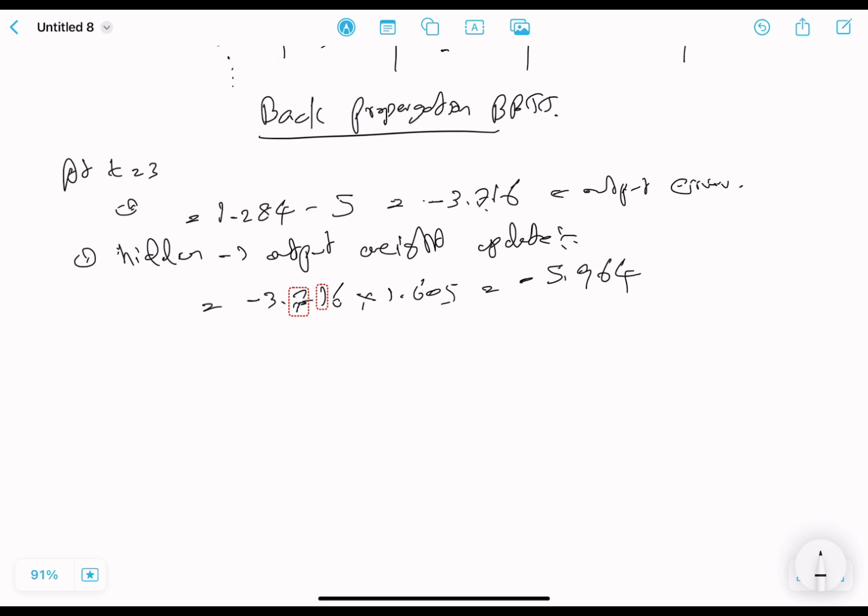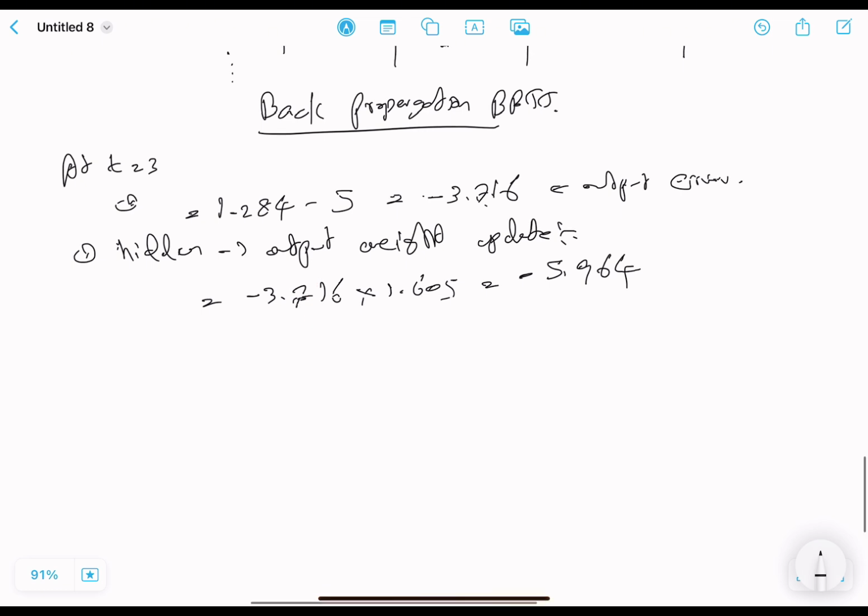Then after that, let's see the error passed into the hidden neuron, right?